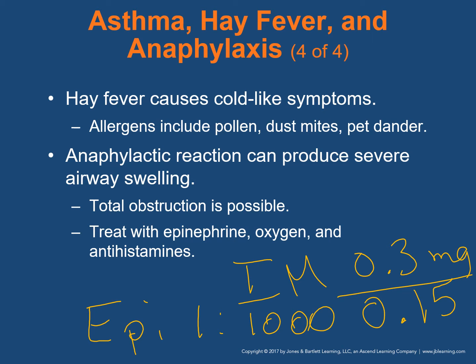We give antihistamines, Benadryl, Solu-Medrol, which is a steroid, oxygen, bronchodilators, those kind of things. But the main thing that we do with an anaphylactic reaction is to give this epi. Okay, that's going to save them, not everything else that we do.